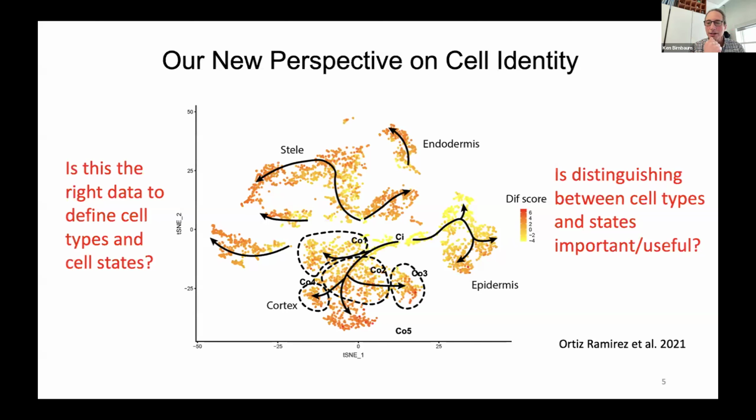Because we're asking about cell function, and we're asking about the distinction in cell functions. And in the process of trying to answer that question, I think we approach many interesting things about the cell and differentiation and evolution and all that. And I think, yeah, this might not be the right data, but it's kind of the best data we have right now.